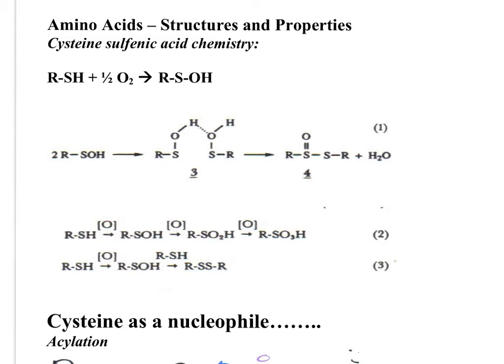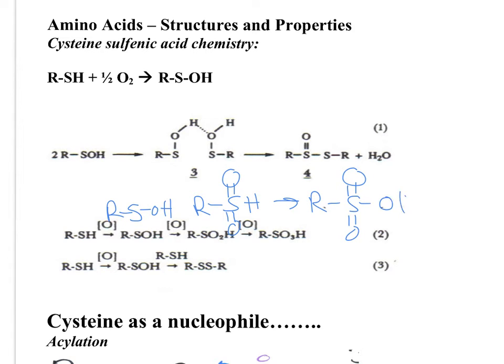I'll show you kind of what this would look like. So this would be SOH, and then this one would be RS, it'll look like that, and then another possibility would be RSOH.